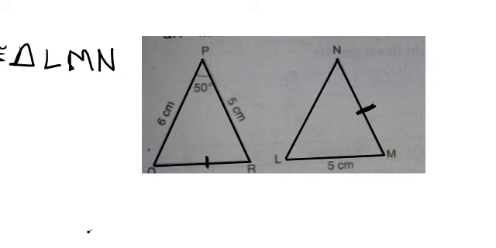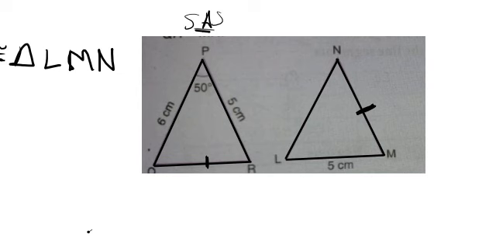Now first and foremost, what is given to us are the lengths of two sides and one angle. So this means they are congruent by which method? SAS, right? Because you can see two sides and one angle is given, that is between the two sides.